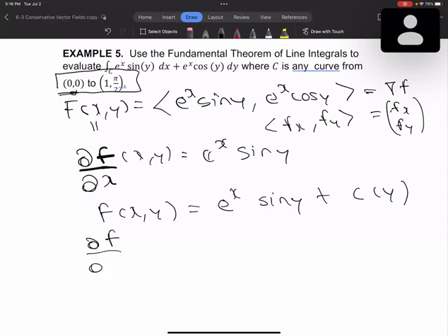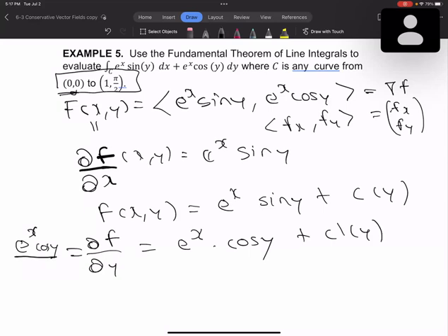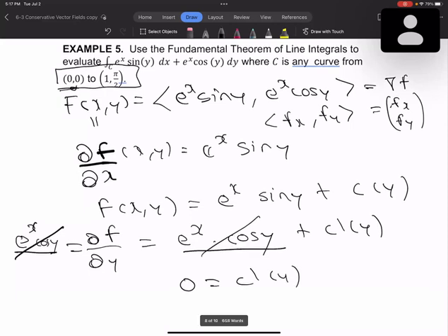The derivative of f with respect to y must be equal to the other component, that is e to the x cosine of y. So when I find this derivative, e to the x stays there, and the derivative of sine is cosine of y, plus c prime of y. So when I compare these two, e to the x cosine y cancels, and what I got is 0 equals c prime of y.